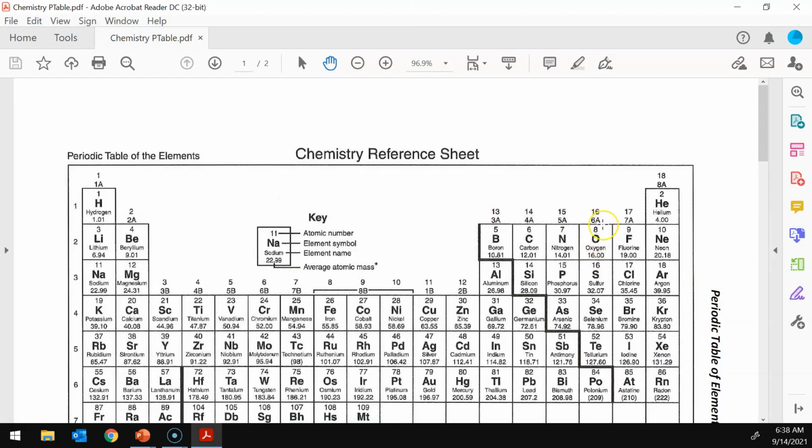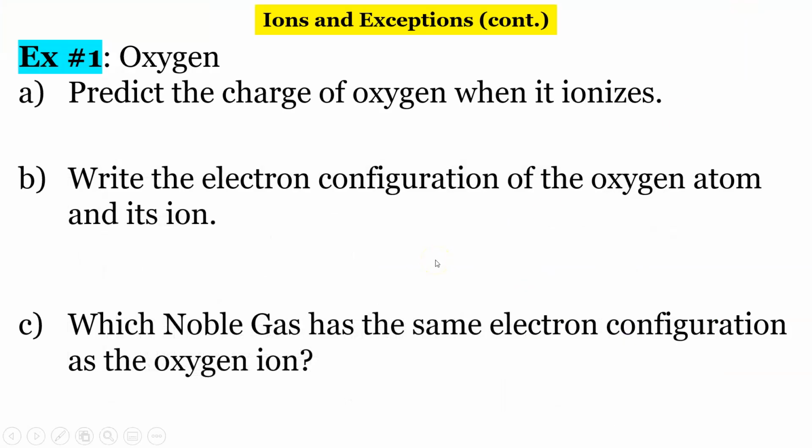Oxygen is in group 6A, so it's going to have 6 valence electrons. To get to 8 valence electrons, it needs to gain 2 valence electrons. So if it's gaining 2 valence electrons, it's going to have a charge of -2. So oxygen will have a charge of -2.